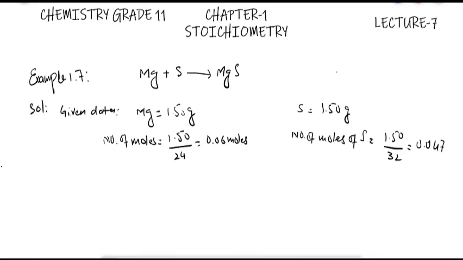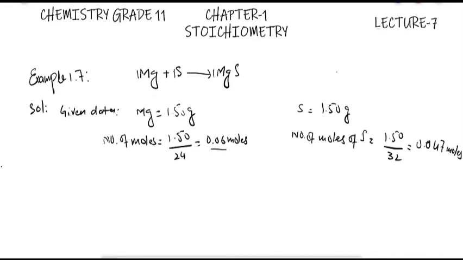0.047 moles. So from balanced chemical equation, we know that 1 mole of magnesium reacts with 1 mole of sulfur to give 1 mole of magnesium sulfide. Here we are given 0.06 moles of magnesium. So for a complete reaction with 0.06 moles of magnesium, what we need is 0.06 moles of sulfur.